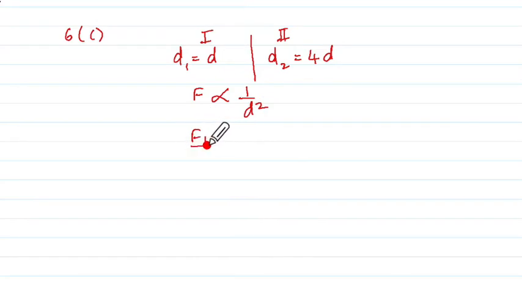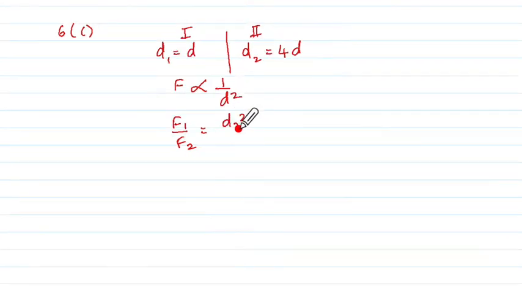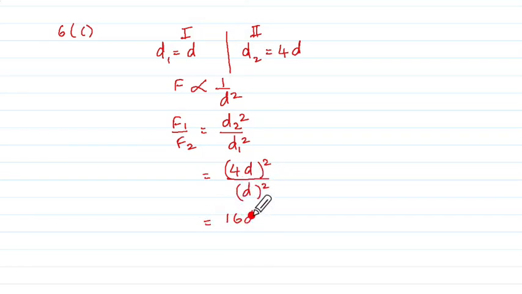So we will have F1 upon F2 equal to d2 square upon d1 square, because it is inversely proportional. If we substitute, d2 is 4d, the square of it, divided by d1, which is just d. That gives us 16d square upon d square, which gets cancelled.